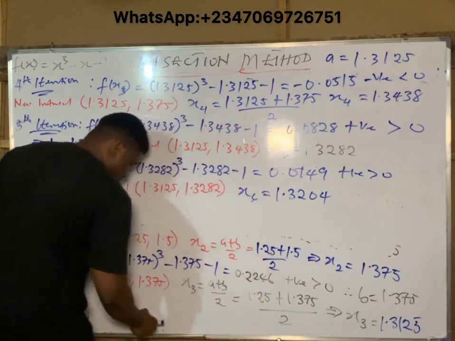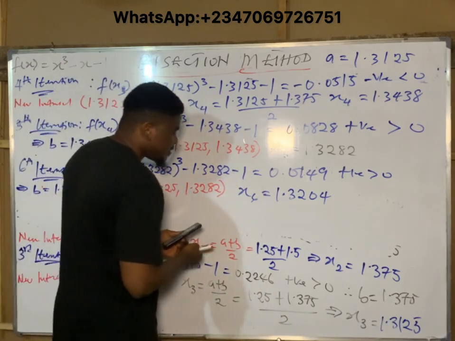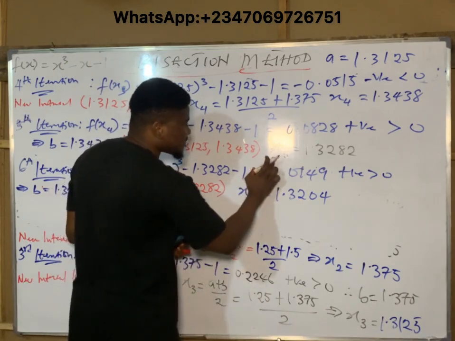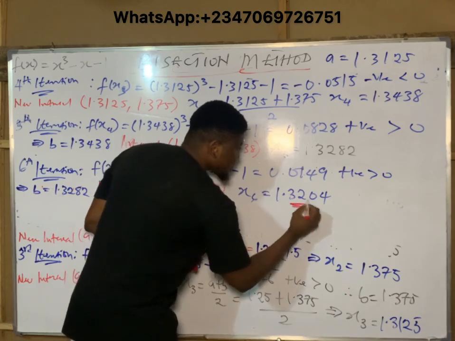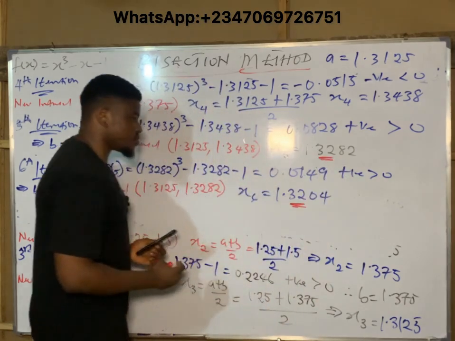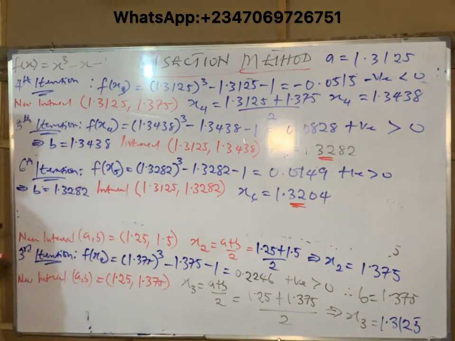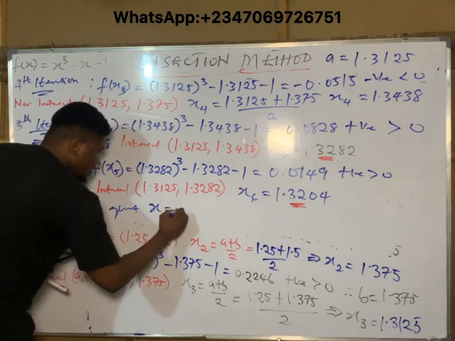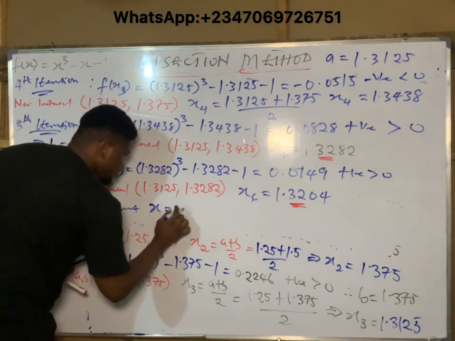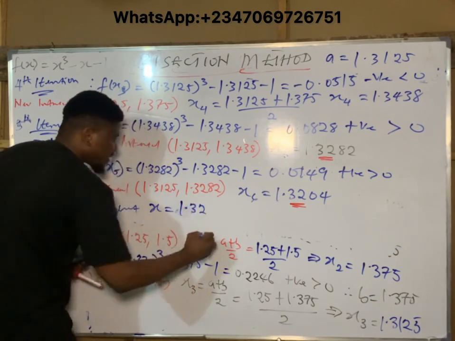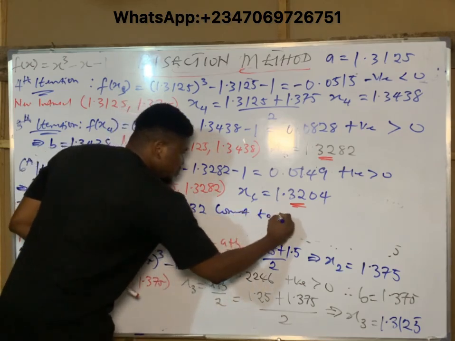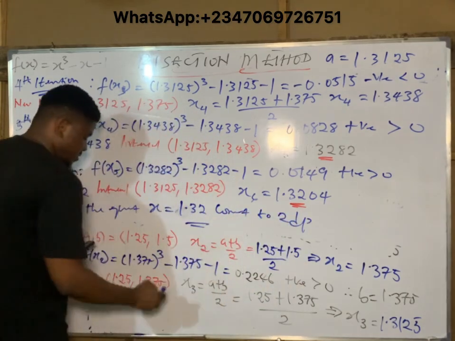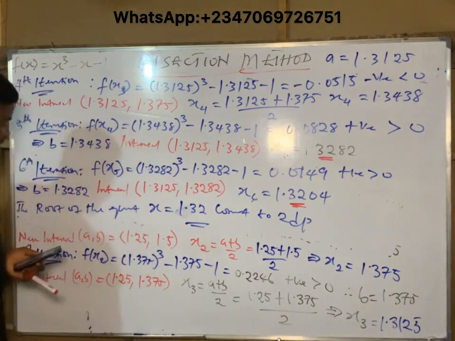And if you compare x6 with x5, you see that correct to 2 decimal places, the root has converged: 1.32, 1.32. So this simply means that correct to 2 decimal places, the root of the equation, x, is equal to 1.32. So that becomes the final answer for that given question.